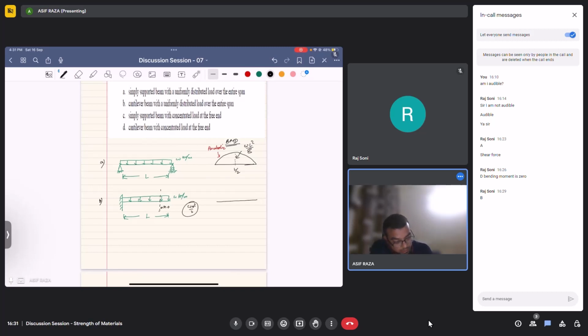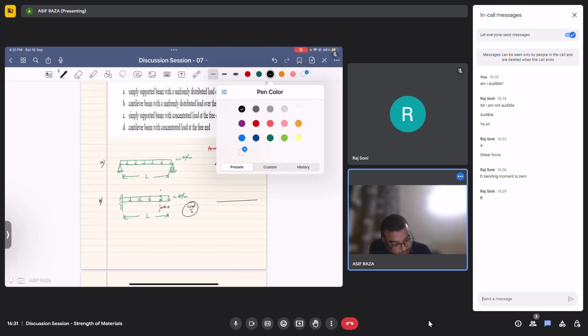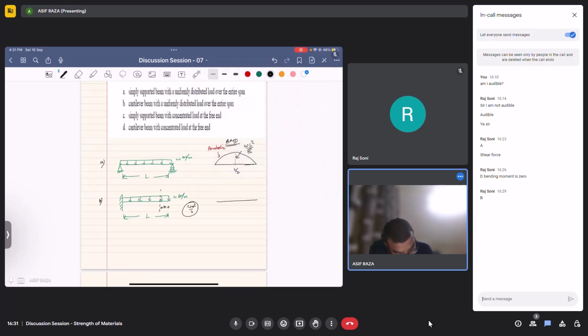This would be going to the negative part, and this would also be parabolic, or rather quadratic.